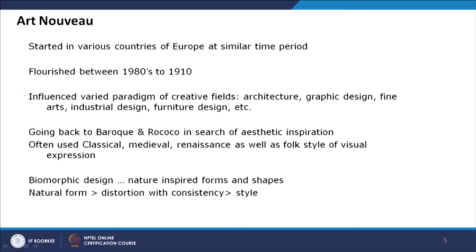That is why, if we look at this point, Art Nouveau influenced a varied paradigm of creative fields, because they took new materials into consideration. So they could combine with architecture. The Arts and Crafts movement also had architectural influence, but they mostly followed the traditional style, so they were confined to house design, which looked like a barn.